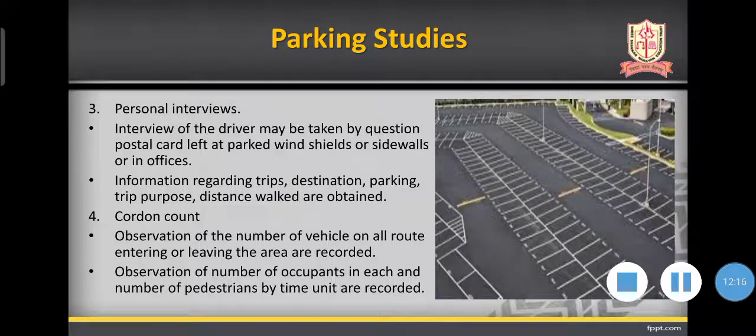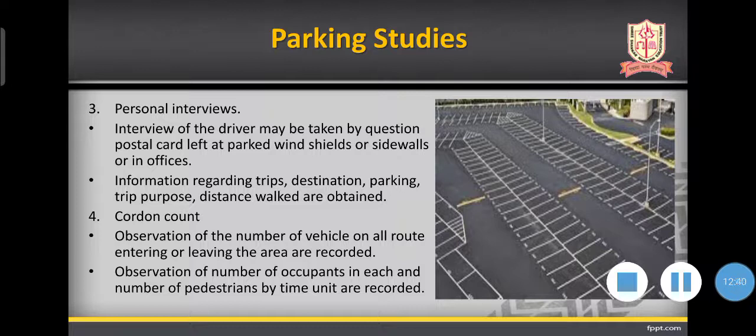And the personal interviews. Many times we take personal interviews, like interviews of a driver, which may be taken by questioning, with a post card left at the parking, on the windshield, on the sidewalk or in the office. Information regarding the trip's destination, parking, trip purpose and the distance walked is obtained.